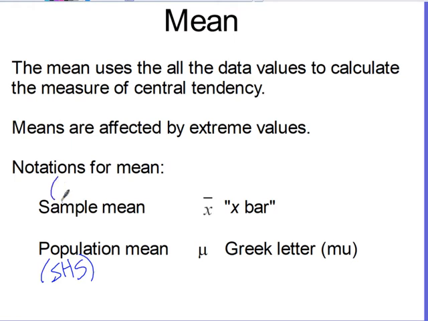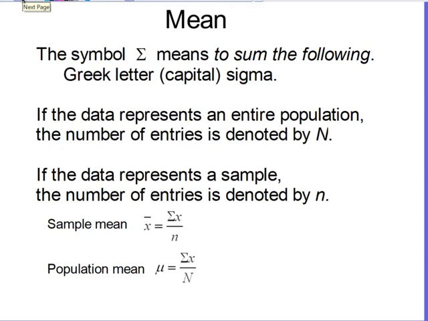If we grabbed a sample from, maybe, all the Algebra 2 classes in Cheyenne High School, that would be your x bar. They're both calculated the same way. It's just a matter of notation and reading information correctly. You'll get the formula sheet given to you, or it's in the back binding of the books, all the formulas that you'll ever need.